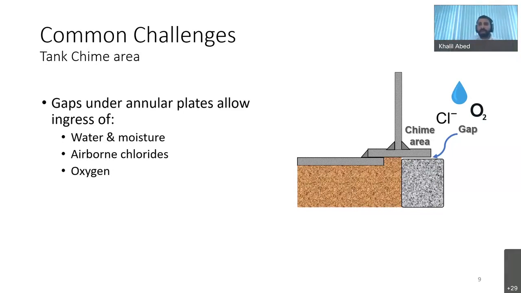The gap also allows for the diffusion of airborne chlorides, especially for facilities located in coastal areas, where airborne chlorides and other corrosive ions can diffuse from the ambient atmosphere into the under-tank environment.